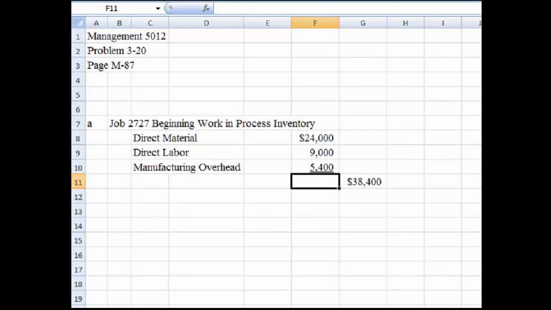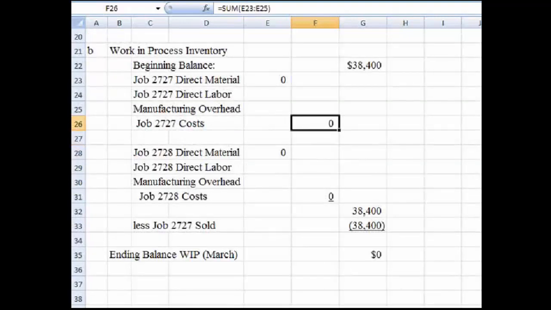Requirement B asks for the cost of the ending work in process inventory for March 2004. Jumping down a screen is a format that can be used to calculate the ending work in process inventory. Since the calculation needed starts with the beginning work in process inventory, there's already a formula there that brought the $38,400 calculated in requirement A to where it needs to be.